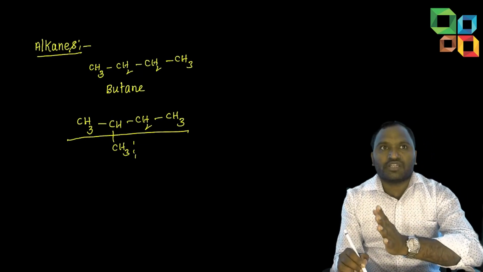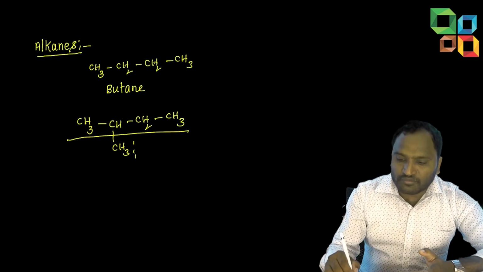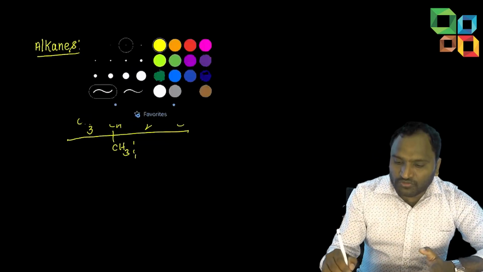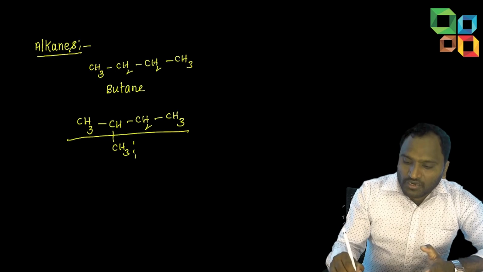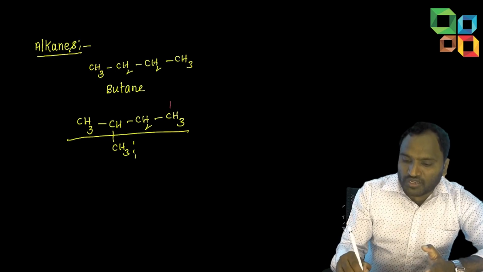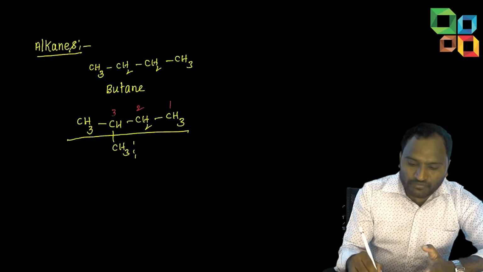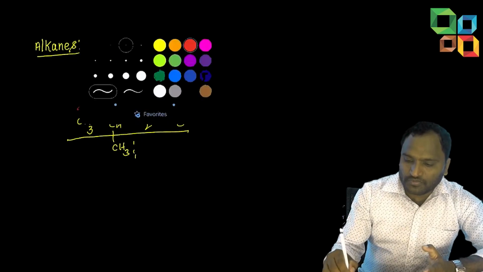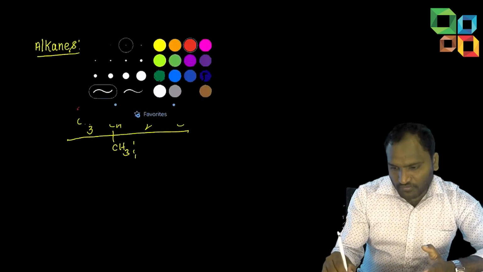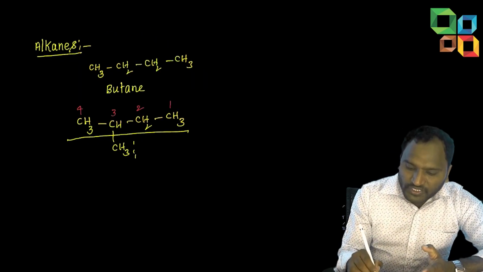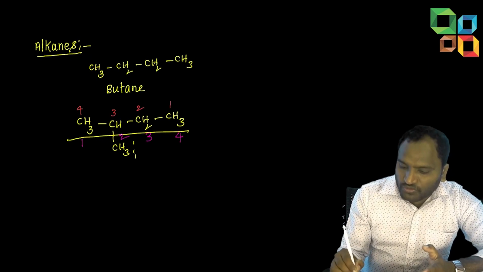See, students, I'll give numbers with different colors. From right to left, if I give 1, 2, 3, 4. From left to right, if I give 1, 2, 3, 4.